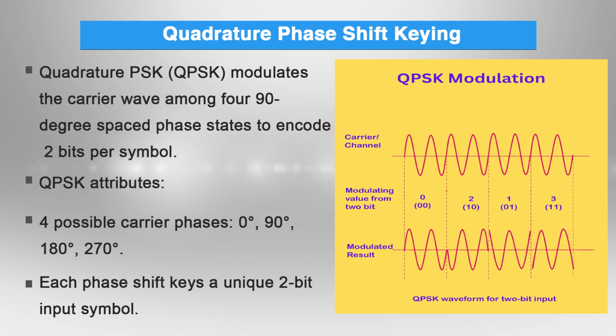Each phase shift key is a unique 2-bit input symbol. It has double the bits per symbol compared to BPSK. Symbols can map to bit pairs directly, and it provides higher spectral efficiency over BPSK.